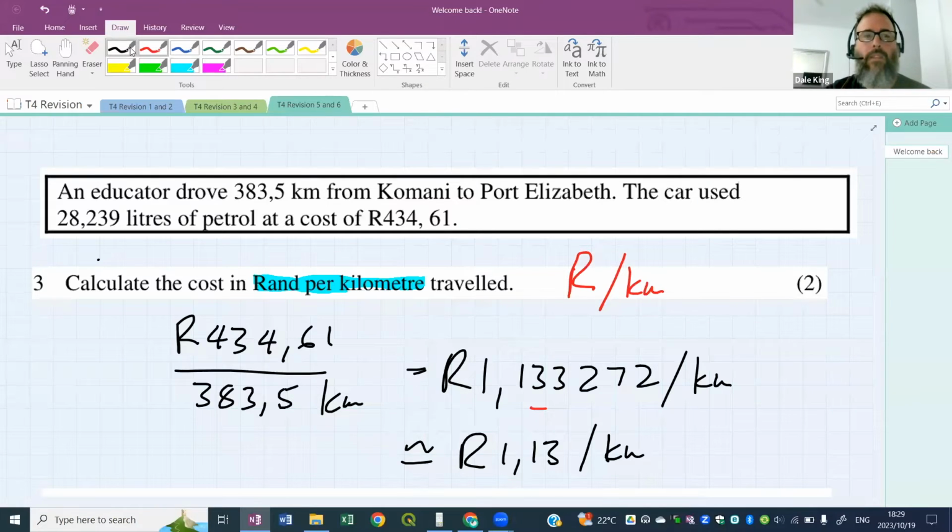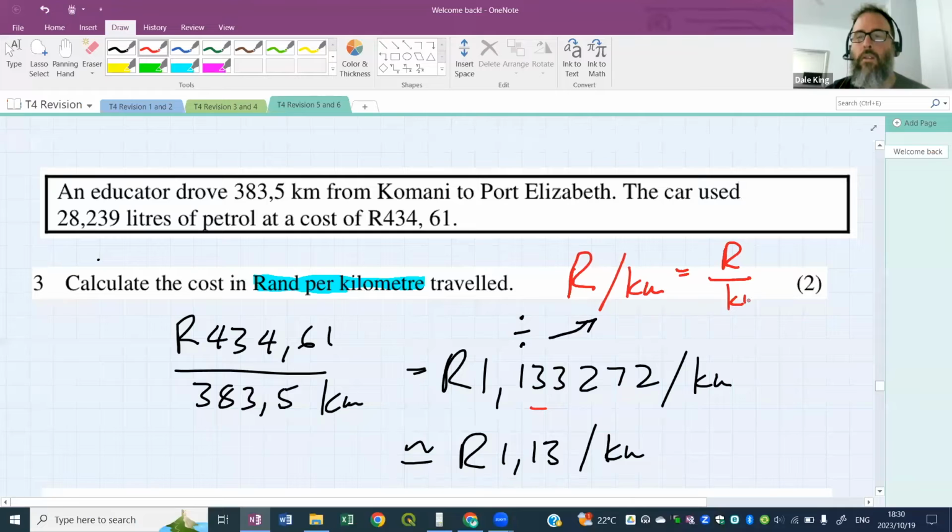Now, isn't this line here a division line? It is, isn't it? That's division. So I could rewrite this as rands over kilometers. Oh, that's what we're doing. We're taking our rands and putting them over our kilometers.